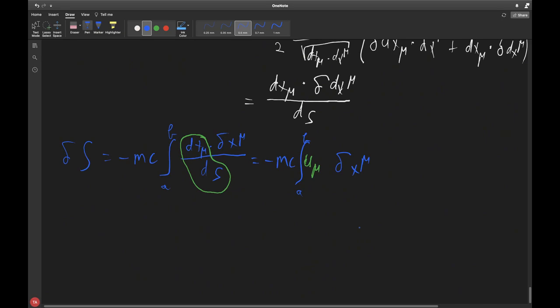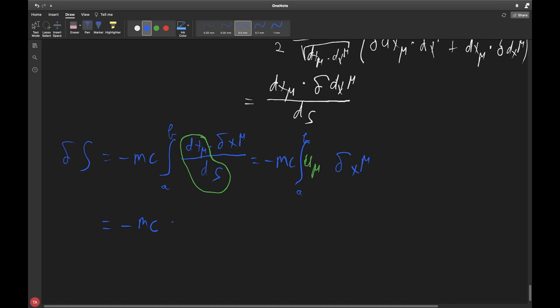So the next thing is that we really want to evaluate this integral. We will do the partial integration method. So that means that I have minus mc, and then we take out the u mu and take the integration of the delta x mu.